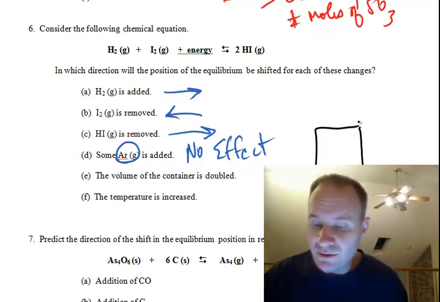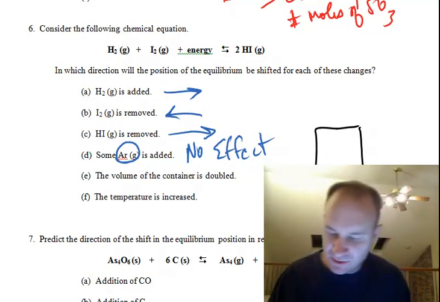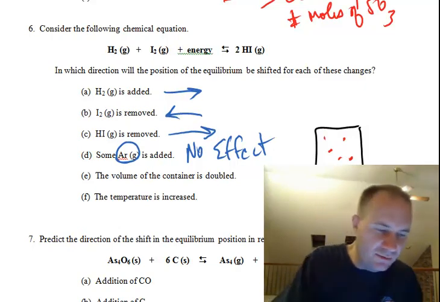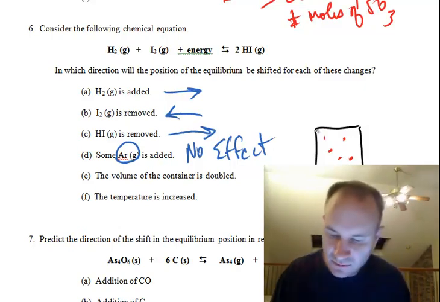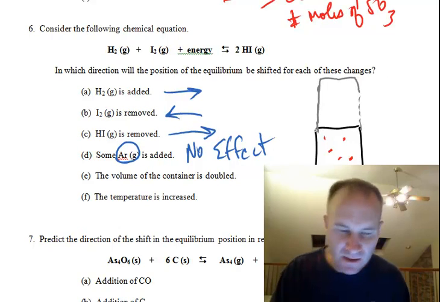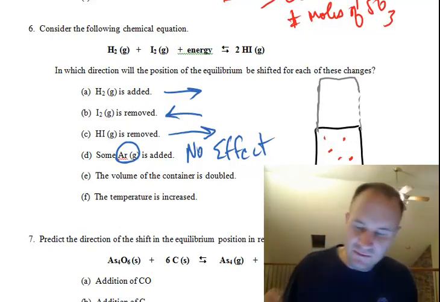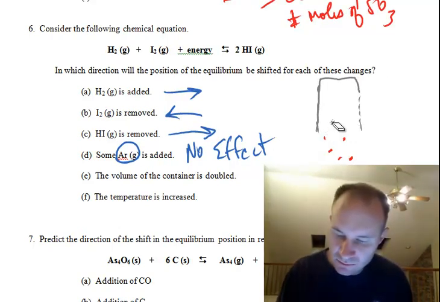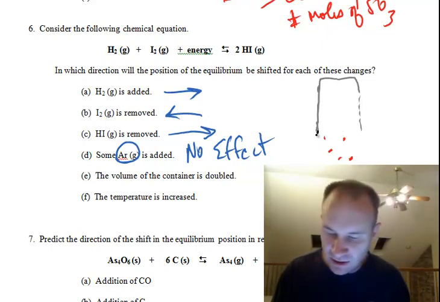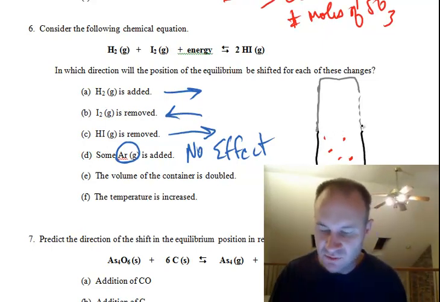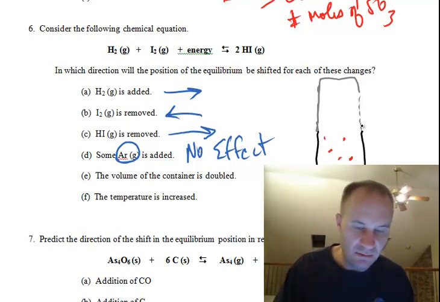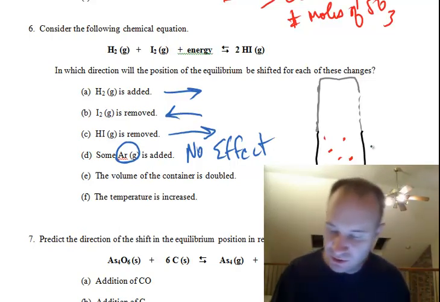If we put gas molecules in there, and we then double the volume of the container, so it's now this size, and we then eliminate the barrier in between, what we see here is a decrease in the pressure.